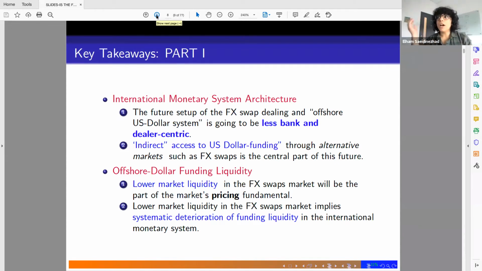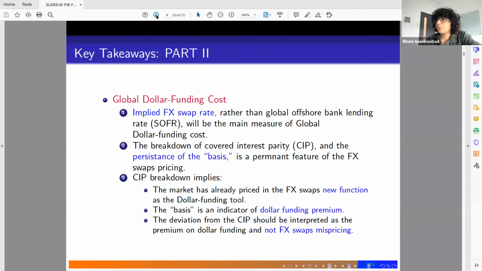So in terms of the architecture, we are moving towards non-banks. In terms of the liquidity, we are moving towards less liquid markets, both in the FX swap market and dollar funding market. So in terms of the cost, our interpretation of the CIP should change.